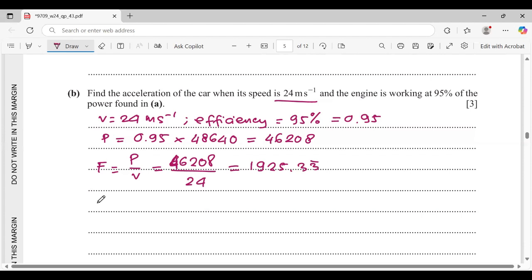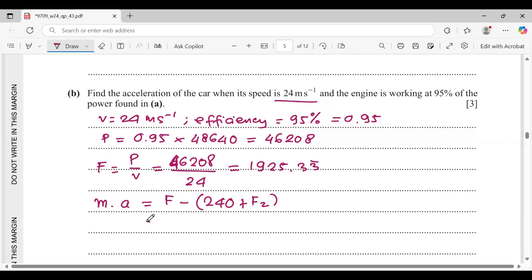And the next, I would like to use the formula M times A, like on the previous part, part A. It equals F minus 240 plus F2, or F minus 140 minus F2.